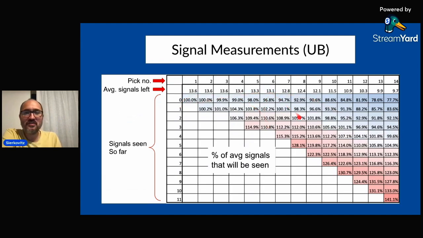And the more you move in the draft, the more occurrences of signals you will see. So like at pick 10, you will have some packs where you've seen already 7 signals. And that will increase by 25% what you're going to see in the future. So you've already seen 7 good signal cards in blue-black. And in the future, you're going to see not 11.5, that is the average for pick 10, but you're going to see 11.5 plus 25%, and the 25% of that is going to be roughly 3.